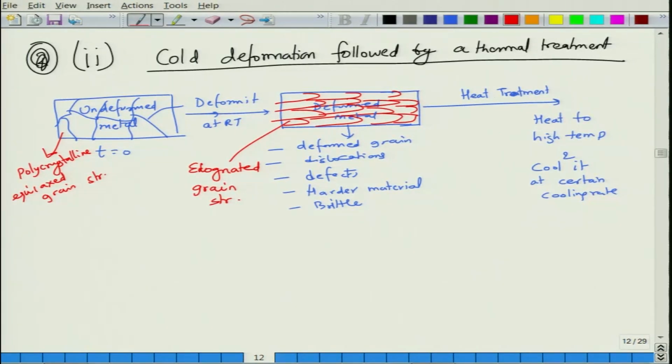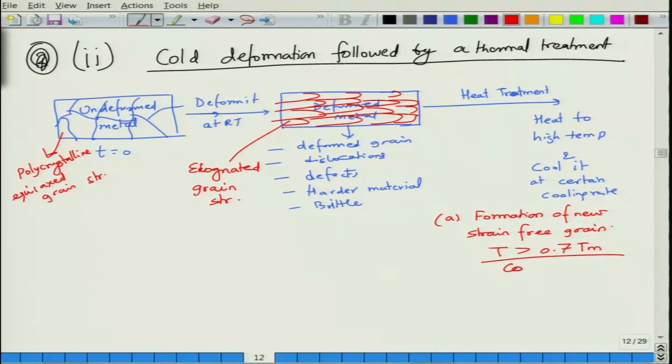So what you do here is you heat it to high temperature. When you heat it to high temperature, the first stage that happens is formation of new strain free grains, and if the temperature is more than 0.7 Tm, then you form coarse grains.